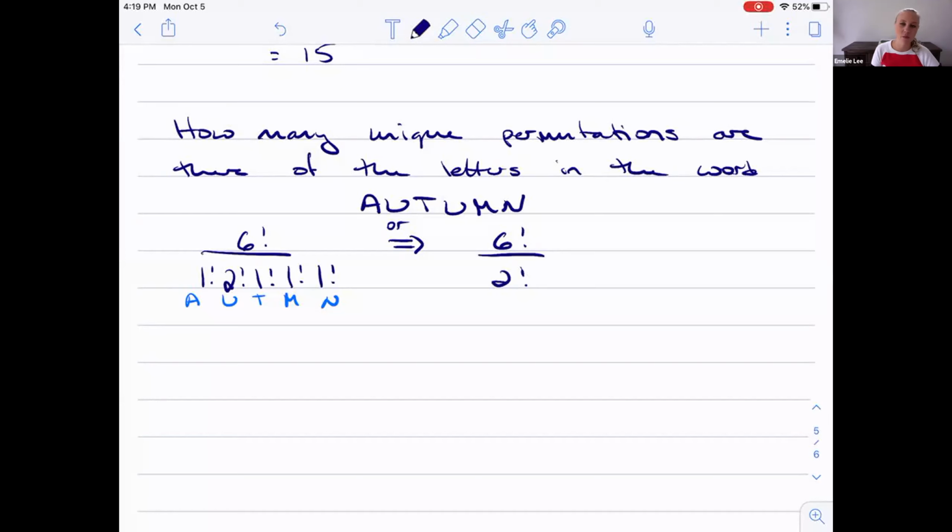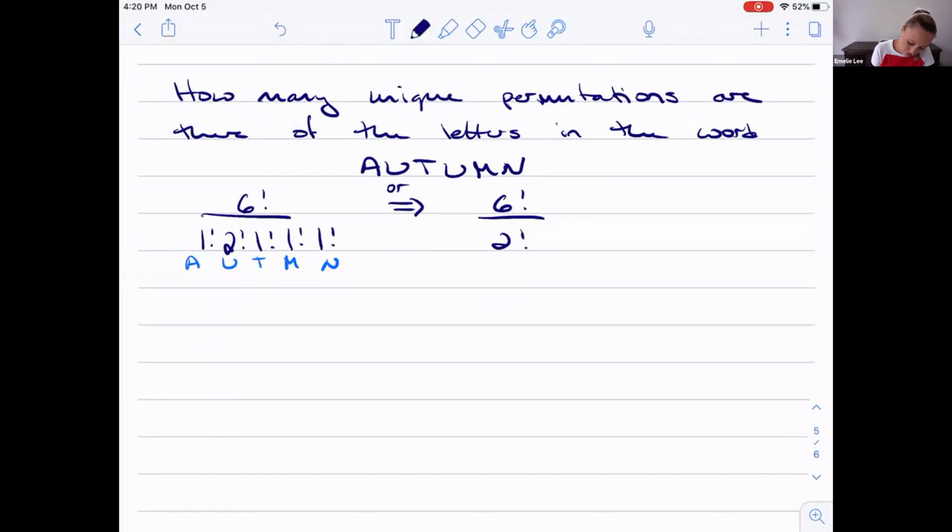I just want to illustrate where these ones went for the example, but if you want to just write this, that's totally fine by me. You basically divide by the number of repeating letters or things in the same category: 6 factorial over 2 factorial.